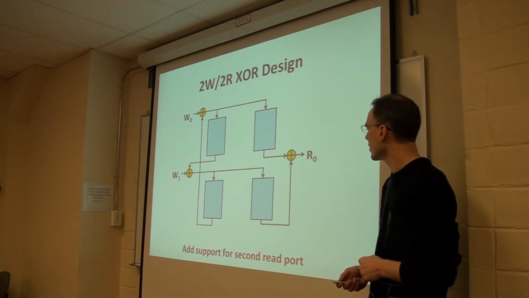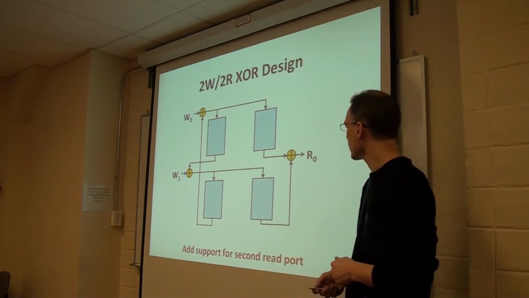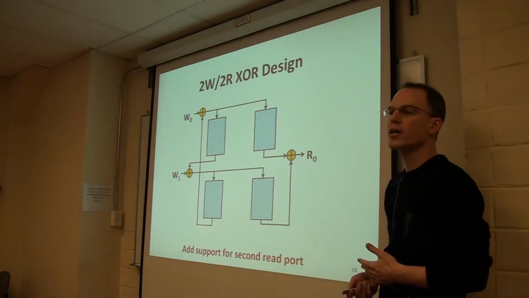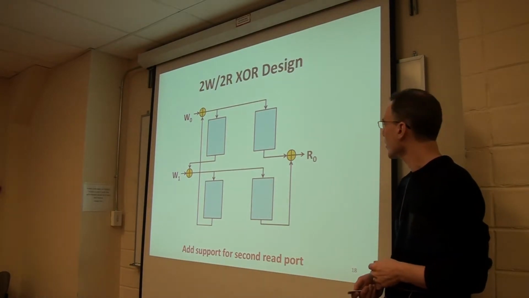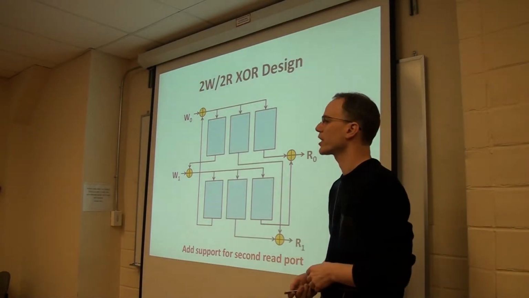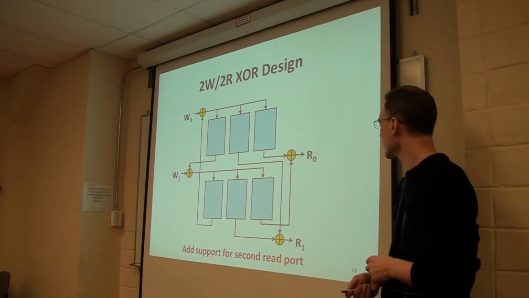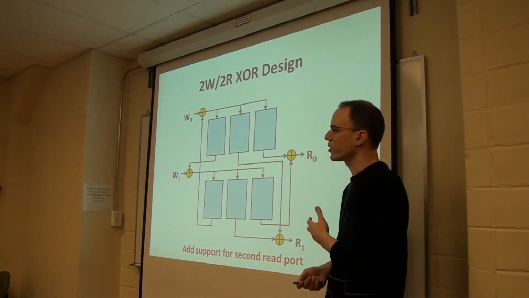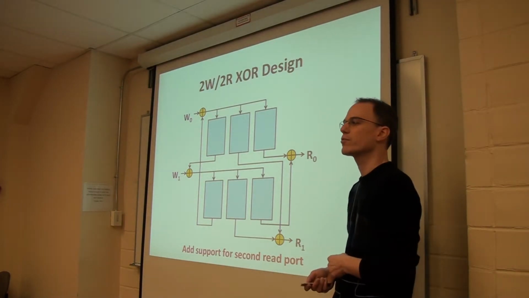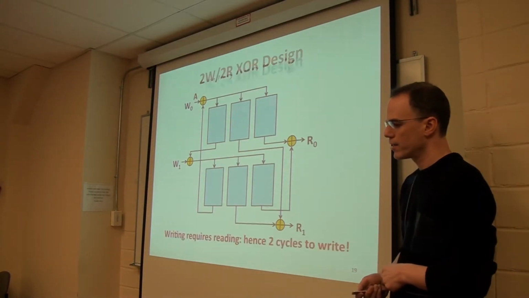So the final step is I need to add support for my second read port. This is fairly easily accomplished just by doing a little more replication. I'm going to add another column of replicated block RAMs, and hook this up to another XOR to provide another read port.